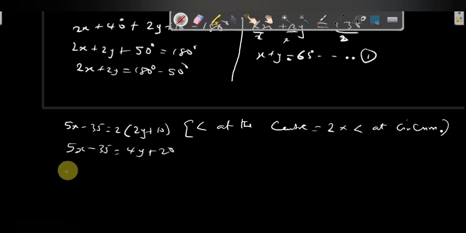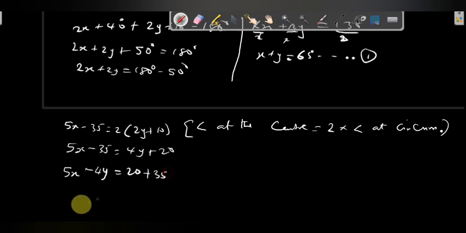I'm going to have 5x minus 4y is equal to 20, and when I move this I'm going to have plus 35. So I have 5x minus 4y is equal to 20 plus 35. That's 55, equation 2.